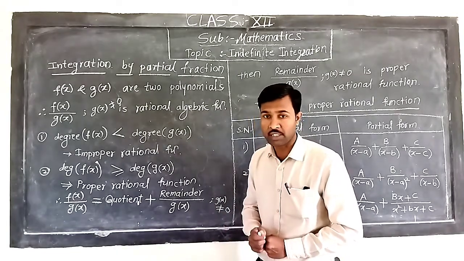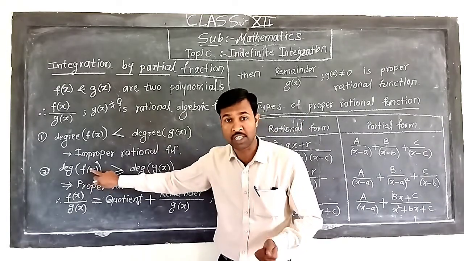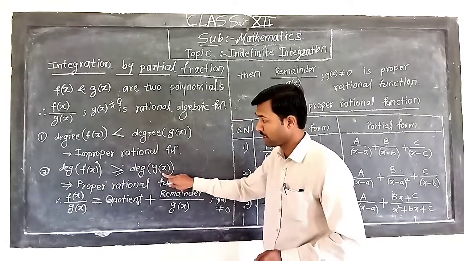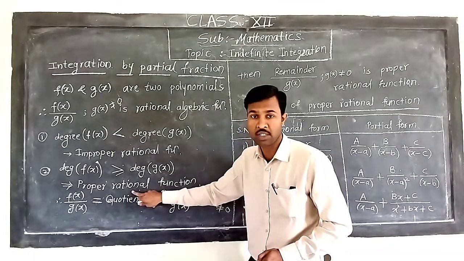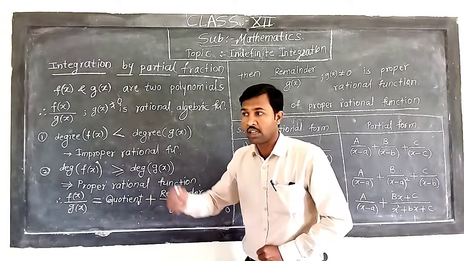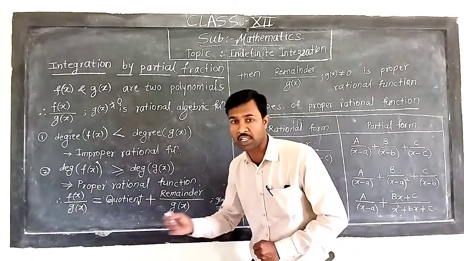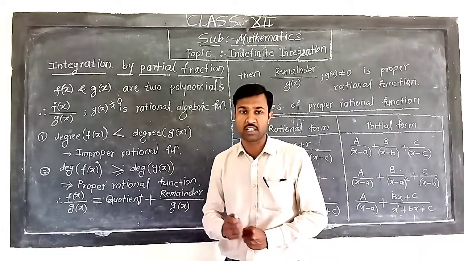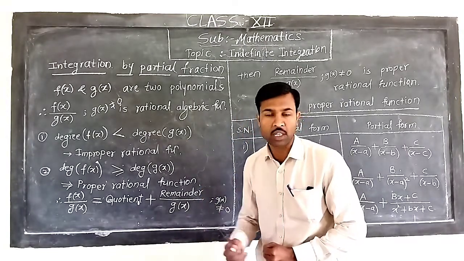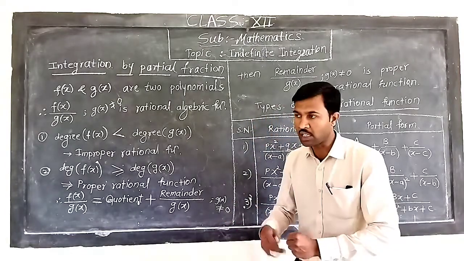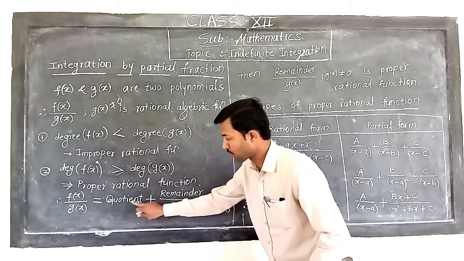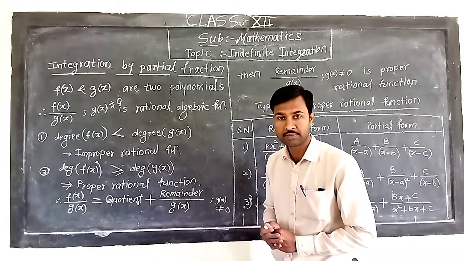But if it is opposite, if the degree of the numerator, that is the degree of f of x, is greater than or equal to the degree of g of x, then it is a proper rational function, in which we can divide the numerator by the denominator. Then we can write the ratio f of x upon g of x as quotient plus remainder upon divisor.